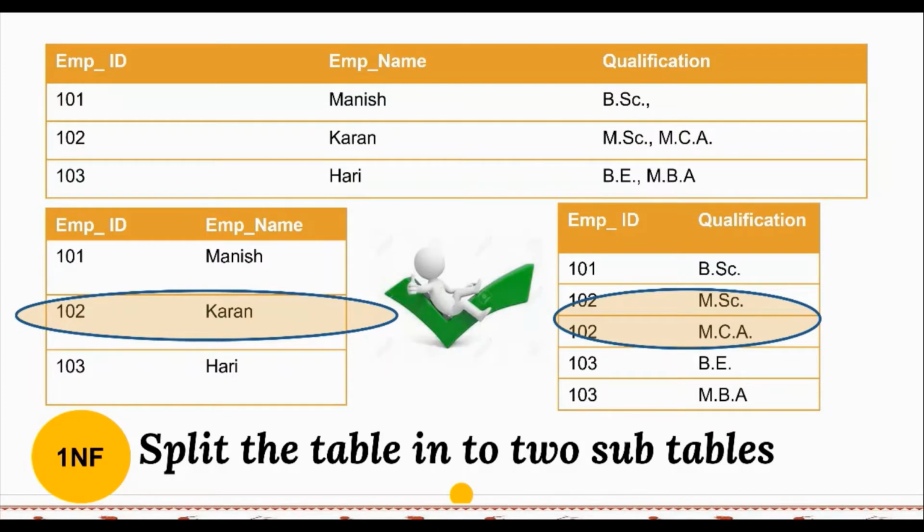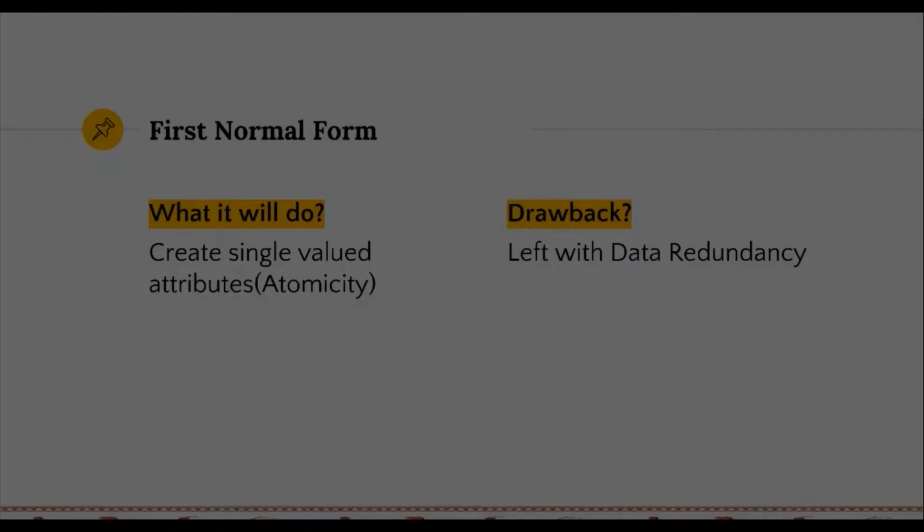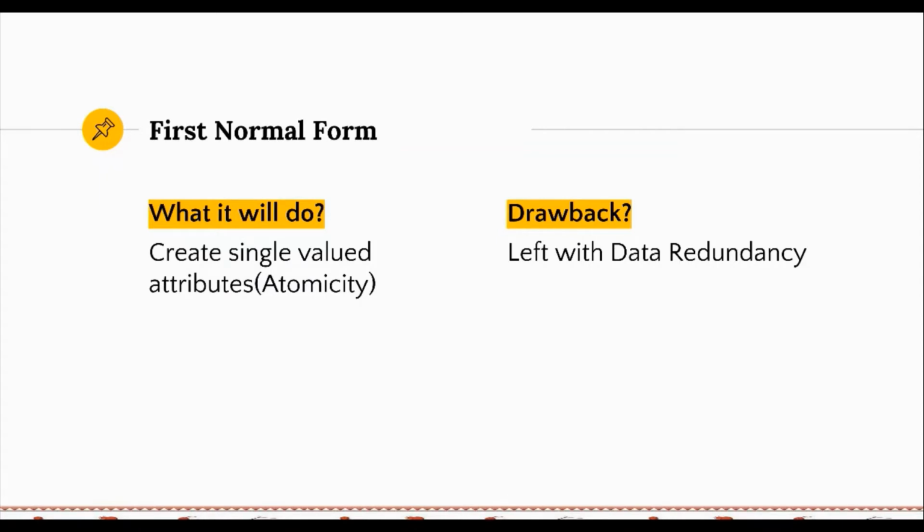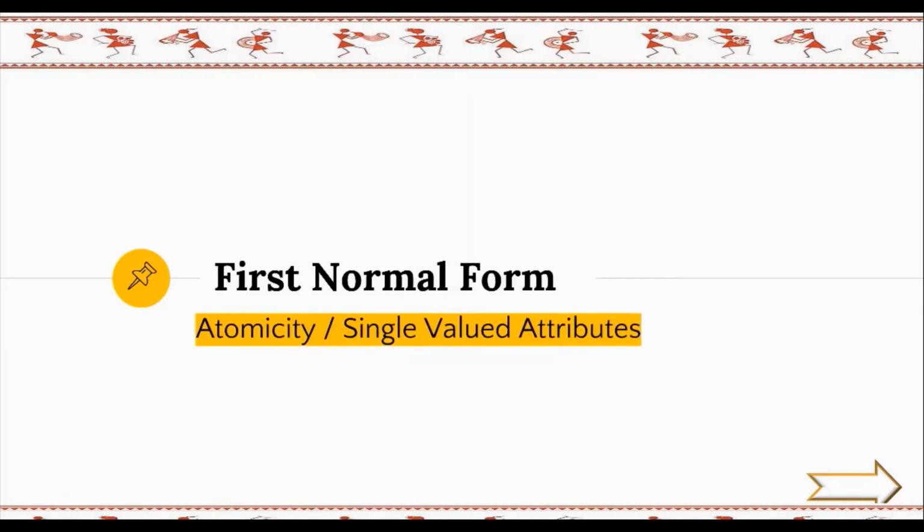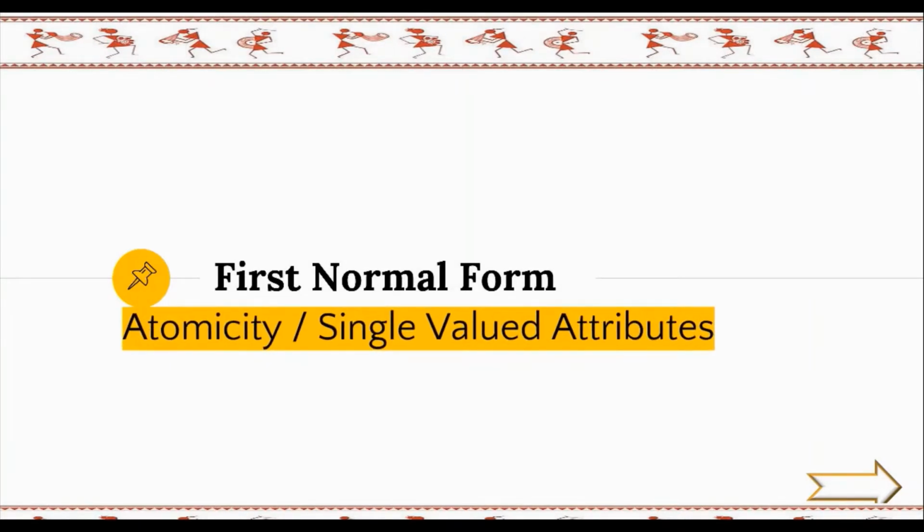So here it satisfies our first normal form. First normal form will create single valued attributes, that is atomicity, but the drawback is it is left with data redundancy. So first normal form means atomicity or single valued attributes.